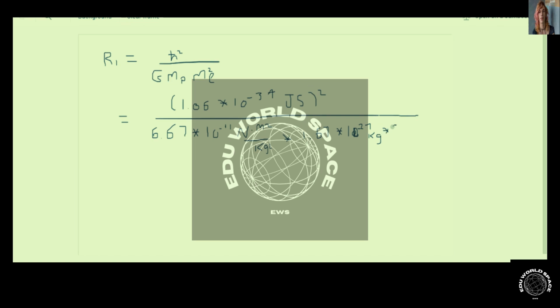Finally, the mass of the electron will be 9.11 times 10 to the negative 31 kilogram. And all this is squared. Just plug these values into your calculator and you end up with 1.2 times 10 to the power 29 meters. What a huge number we have here.